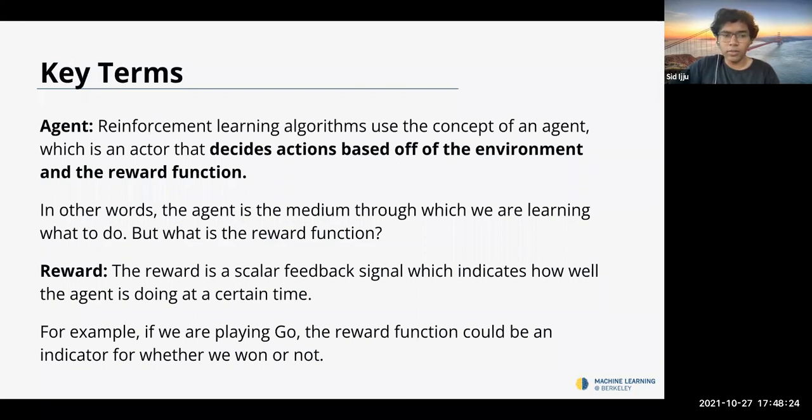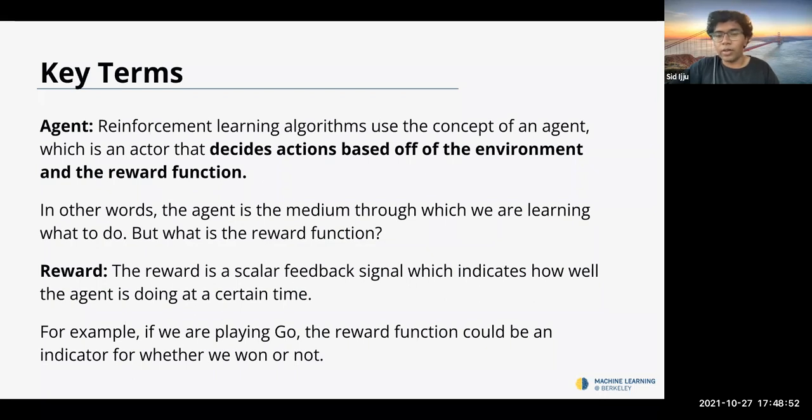So just to fully specify it, the reward function is a feedback signal which indicates how well the agent is doing at a certain time. In this case, we're referring to time in the context of a state for our game board. So for example, at move 1 in a game of Go, the reward function indicates how well the agent is doing. So it indicates maybe the likelihood of it winning in that state, or something similar to that.